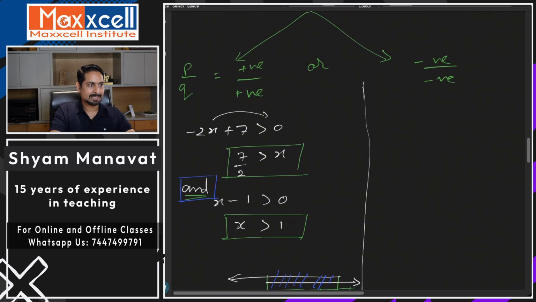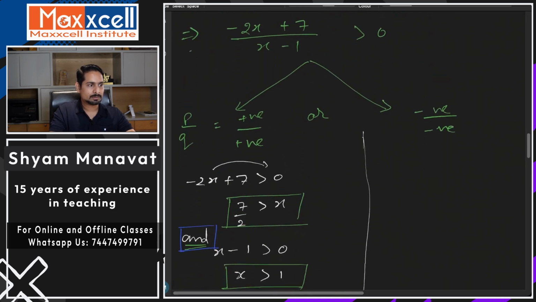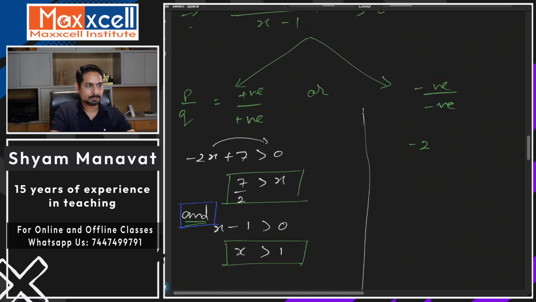What is the second case? Negative, negative. In that case, you get minus 2x plus 7 more than 0 and x minus 1. Sorry, not more than 0, negative, less than 0. It has to be less than 0. My bad, I'm sorry.